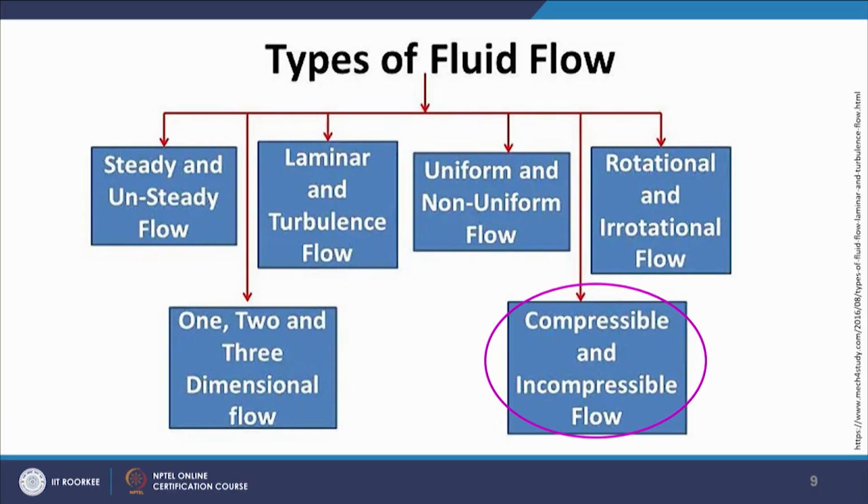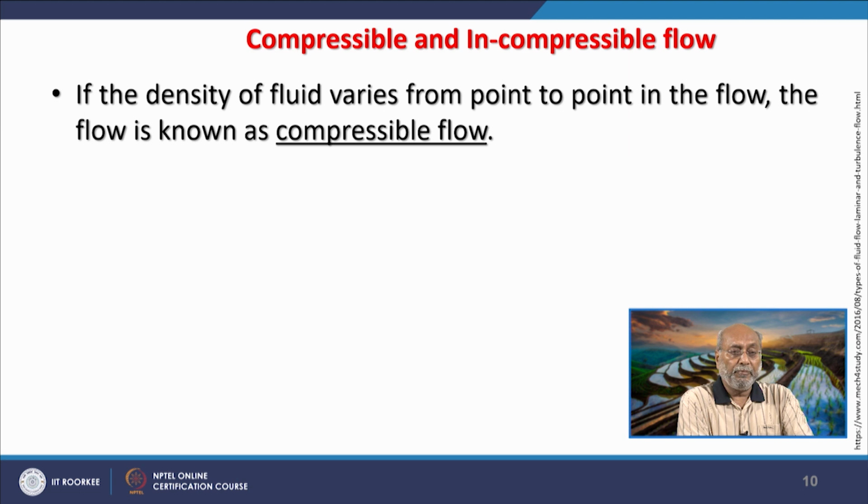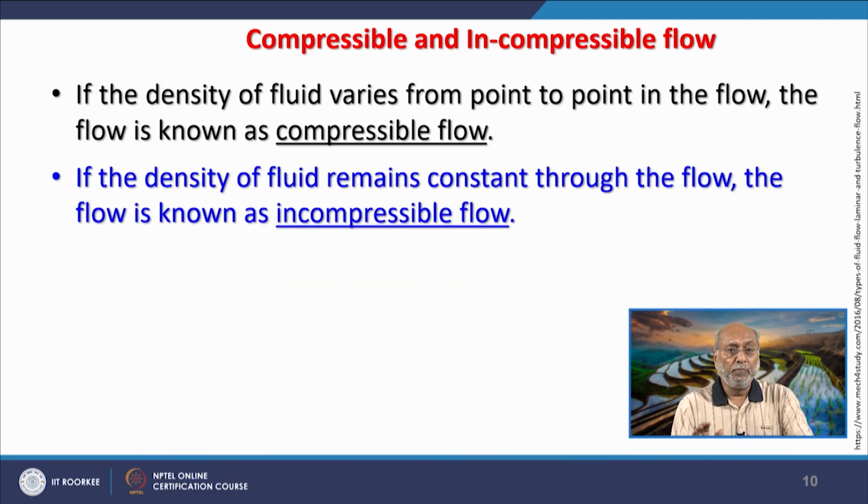Now, another type of fluid flow which we will see in detail is compressible and incompressible flow. Here, instead of temperature, or things changing with respect to position or time, the density of fluid varies from point to point in the flow, and that flow is known as compressible flow.